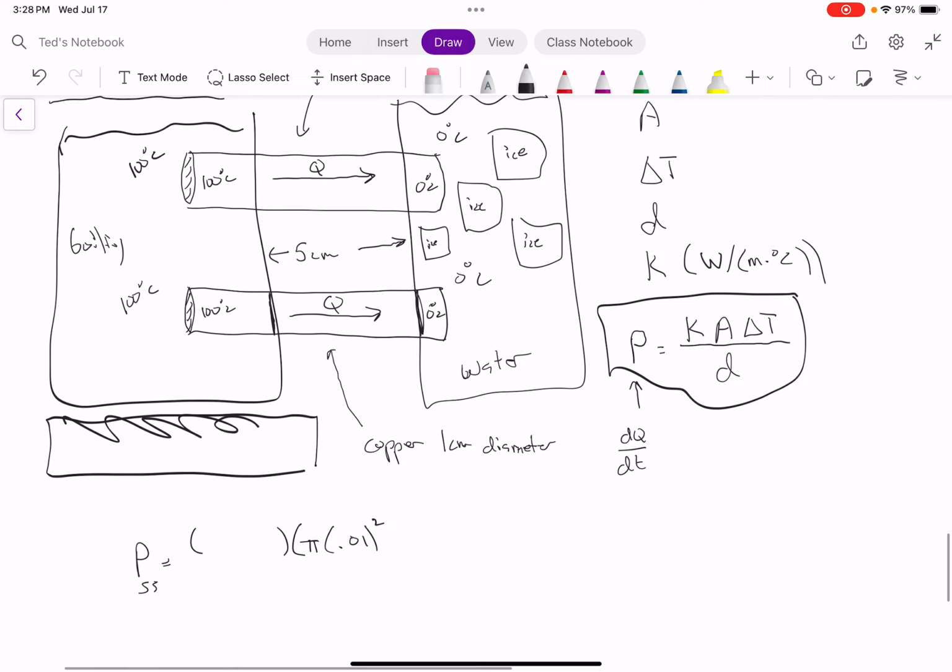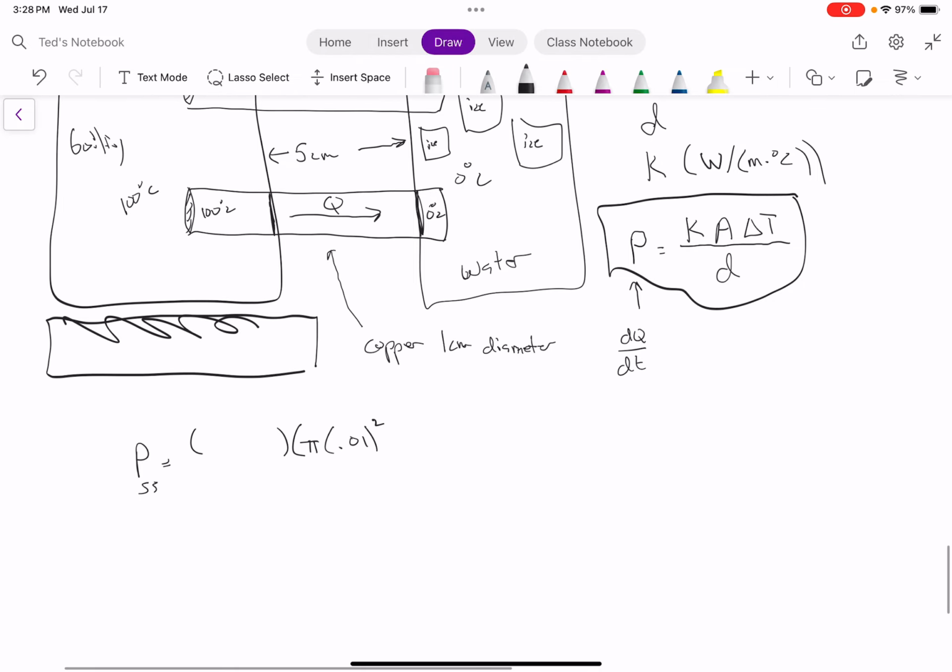We were told the diameter is 2 centimeters, so that means the radius is 1 centimeter, or 0.01 meters, times 100 degrees Celsius, because that is the temperature difference, and then divided by 0.05 centimeters, because that is the distance that the Q has to flow, that the heat has to flow.